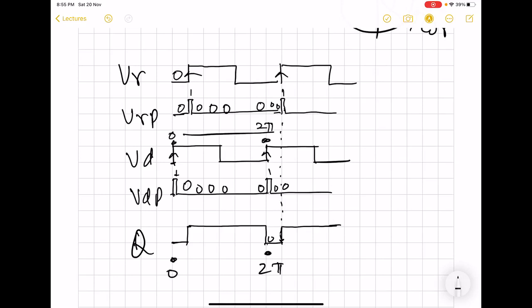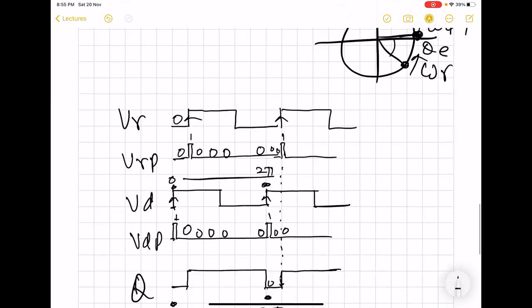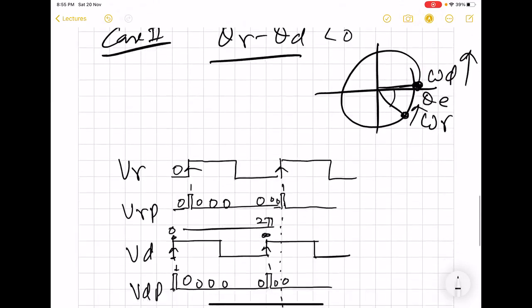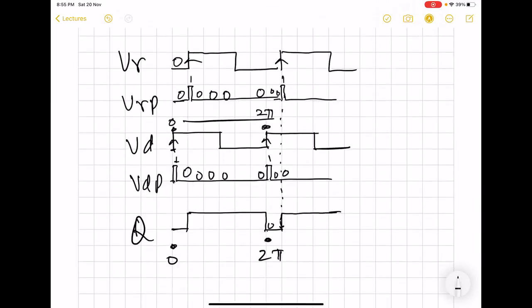So here we see that if there is a negative phase error like this, then we get a wide pulse, which we used to get earlier for large phase error. If this phase error increases, then this pulse width is going to decrease, because now the phase error is proportional to this much gap, and this gap corresponds to the moment when Q is 0.